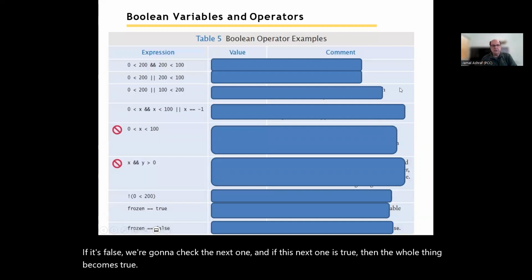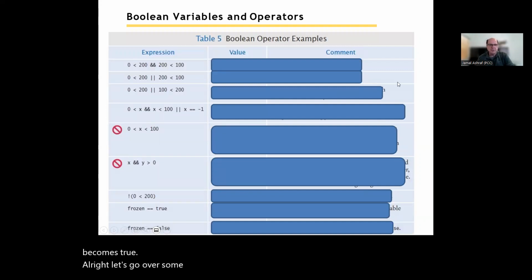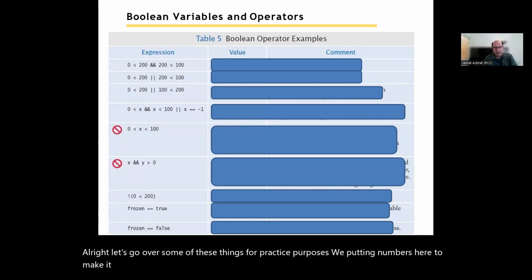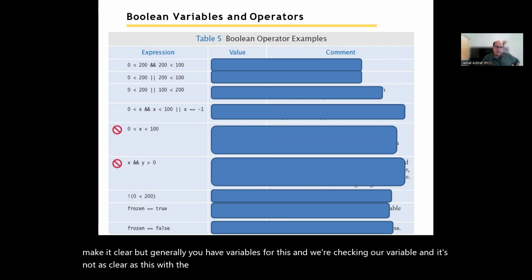All right, let's go over some of these things for practice purposes. We're putting numbers here to make it clear, but generally you have variables for these, and we're checking our variable, and it's not as clear as this with the numbers. So let's go over this together. Take a few seconds to think about it. We have an expression.